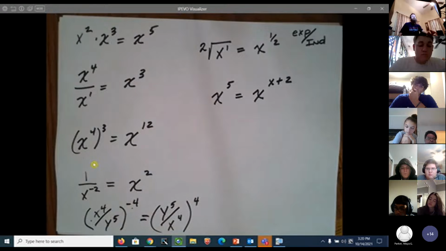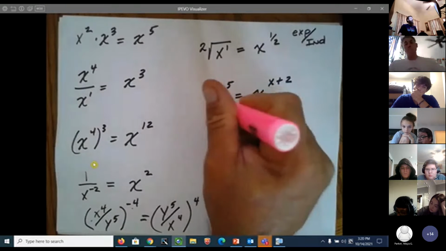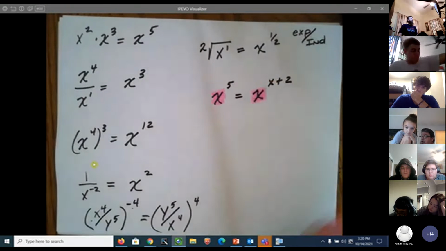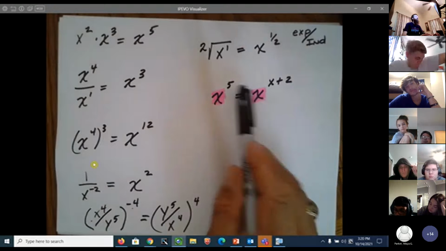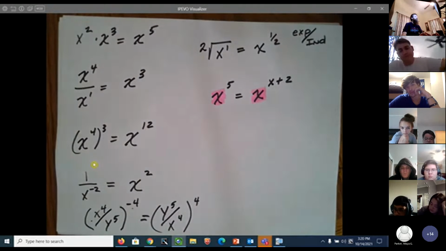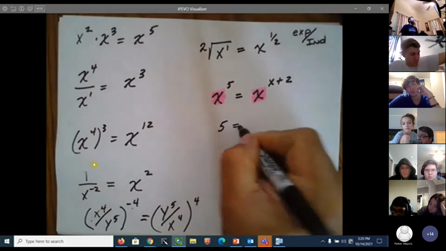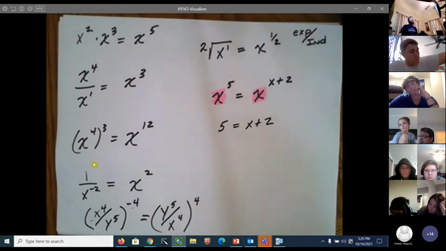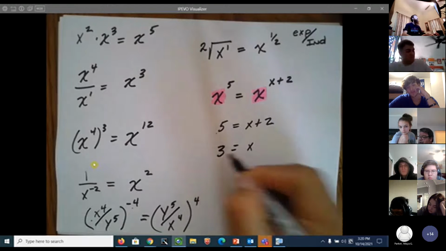What happens if the bases are equal? What can you do with the exponents? Come on, algebra people. What can you do if the bases are the same? Set them equal to each other, Hubert. That's right. So 5 equals x plus 2, and x is equal to 5 minus 2, which is 3.